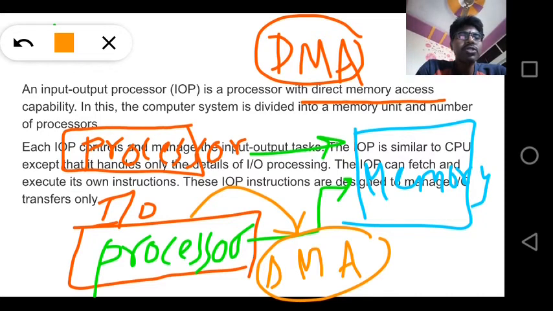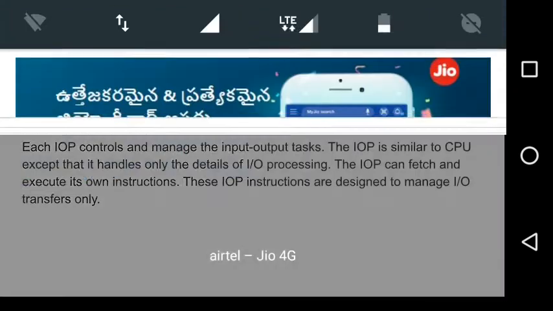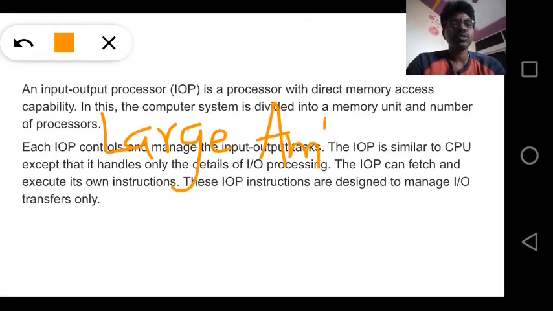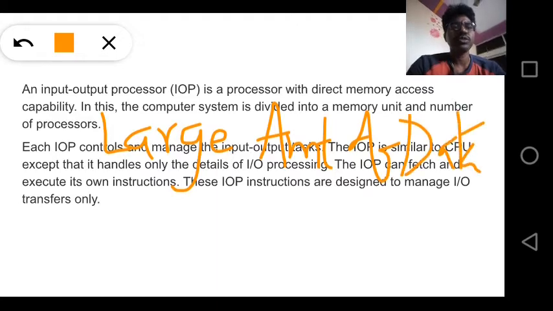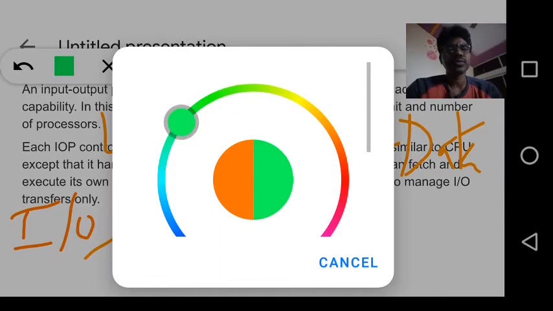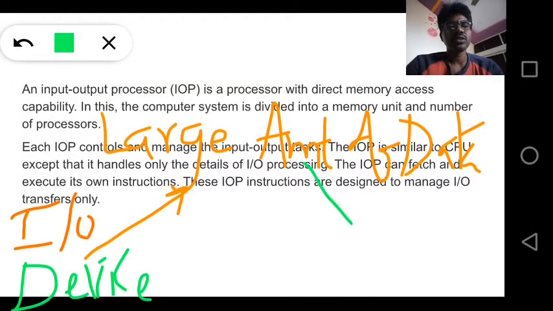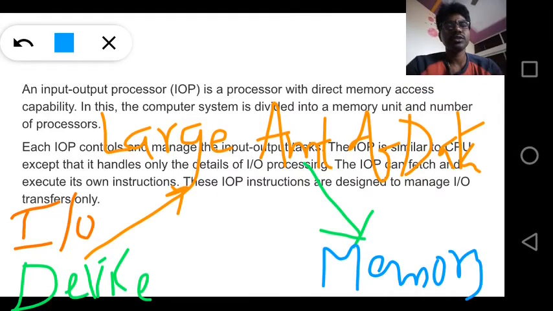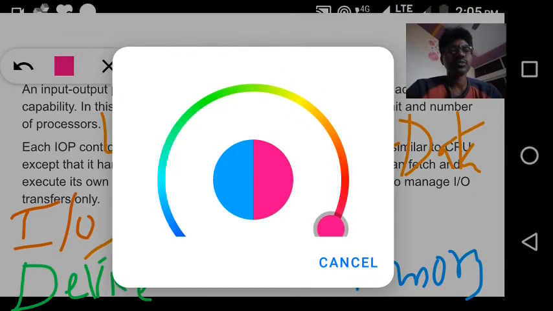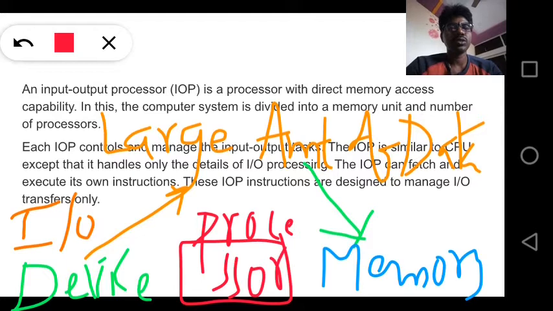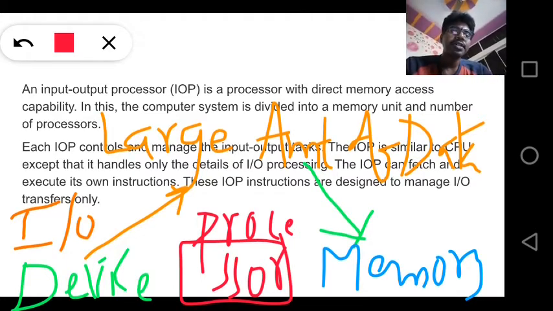But if we have a large amount of data to be transferred from an IO device to memory via the processor, the IO device cannot directly send the data to memory.